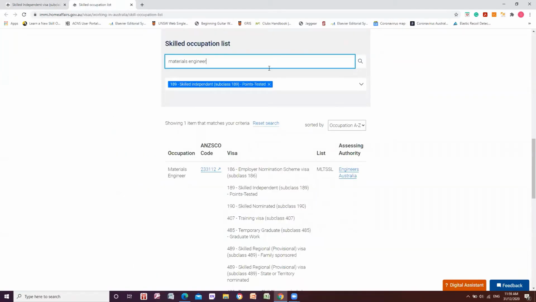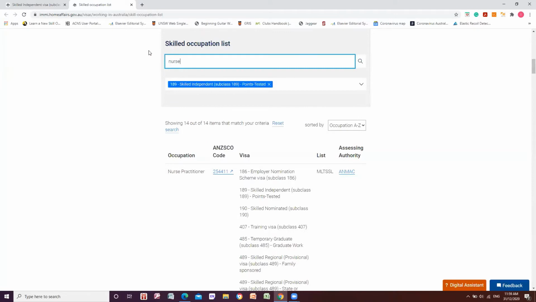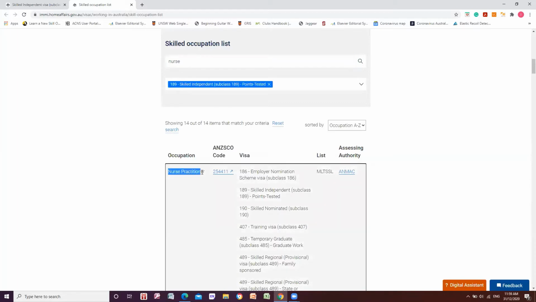Now, maybe we can look at another profession. I would type in nurse. I know that we have many nurse practitioners in the Philippines and also in other countries. So we have a nurse practitioner, and this is the ANZSCO code.